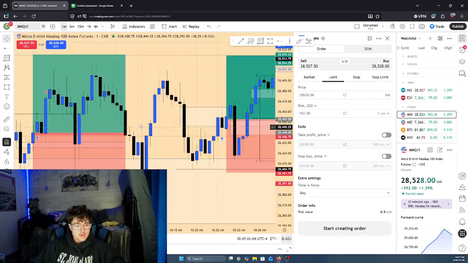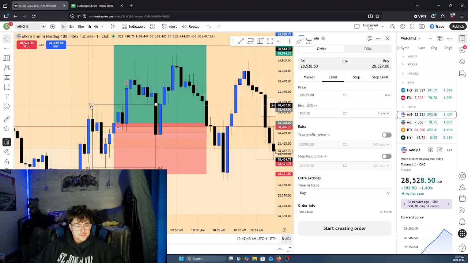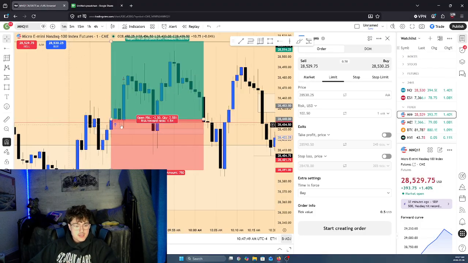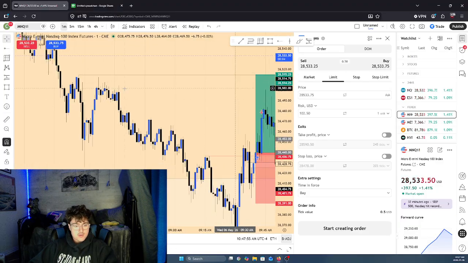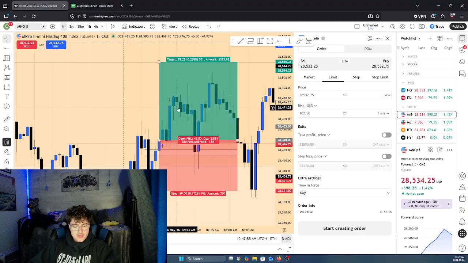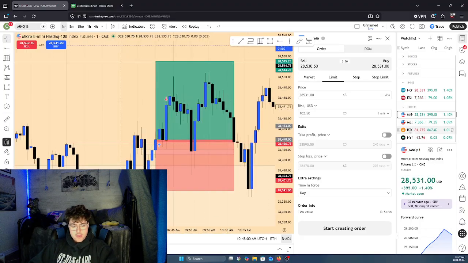Anyway, we come down, we fill equilibrium, and now I'm just looking for a 1-minute break or an inversion to the upside, which we get here. I enter longs with stops underneath this low, targeting these relative equal highs. And I placed this trade.